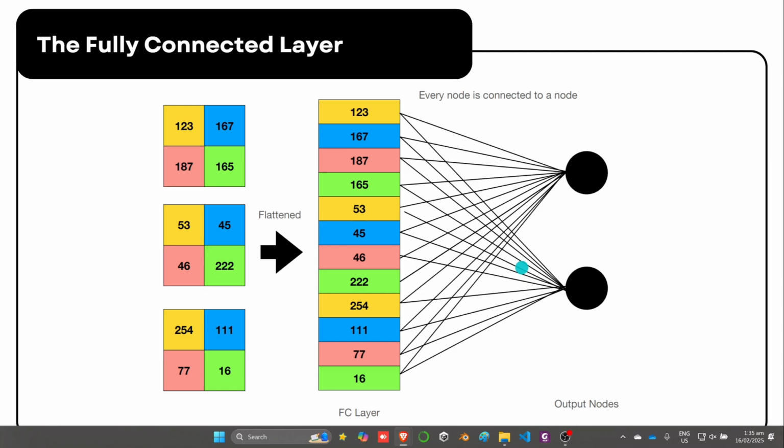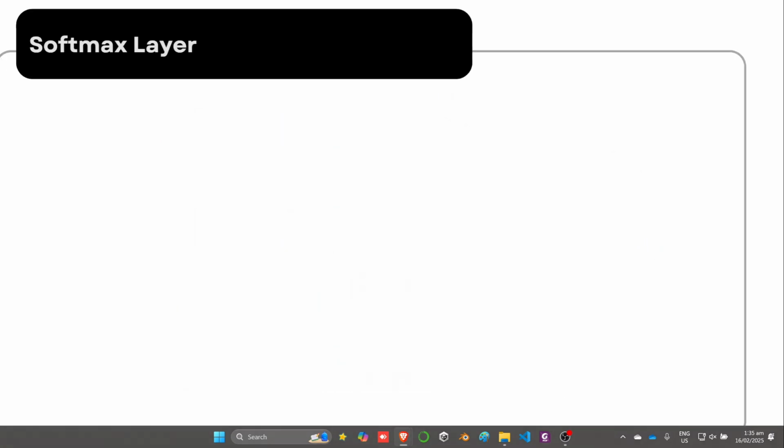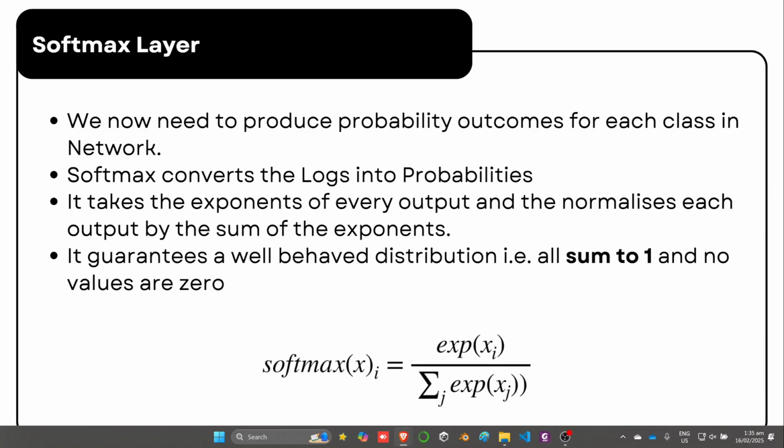But these output nodes don't output probabilities yet. So there's another layer. It's kind of considered a layer, but it's not technically a layer. It's a mathematical operation on these outputs, and that is the softmax layer. The reason we do it is because we need to produce probability outcomes for each class in the network.